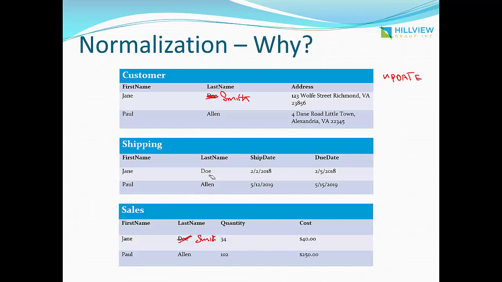So the purpose of normalization is to reduce or eliminate update anomalies that can occur when the same data point is stored in multiple locations within the database. Normalization should be seen as a tool to help reduce update anomalies, as we have stated earlier, by eliminating redundant data.